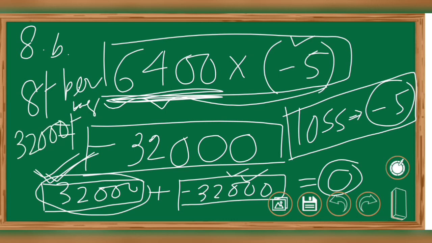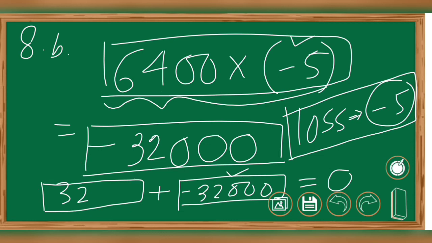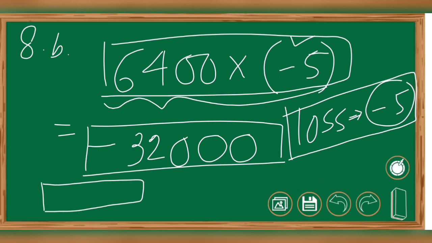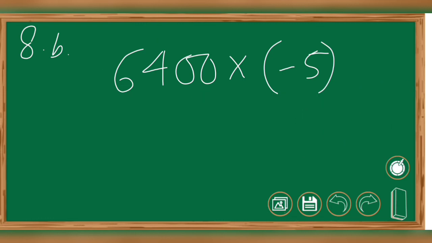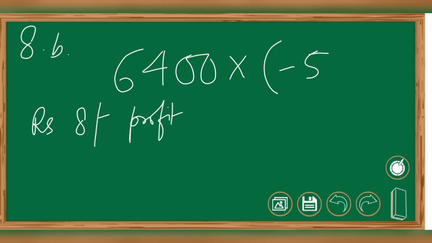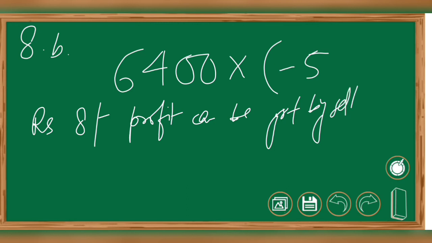So how many bags will he sell? Very easy. You can write it in this way, that 8 rupees profit can be got by selling 1 bag of white cement.